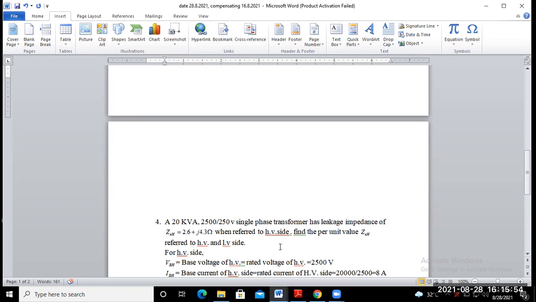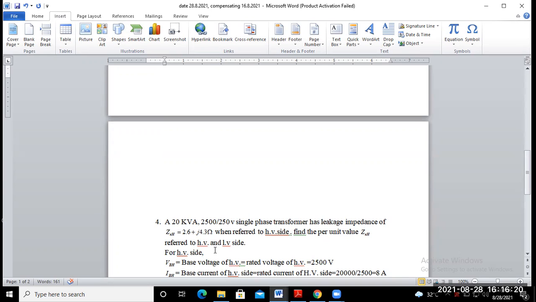Consider this as part A and this as part B. HV represents the high voltage side and LV represents the low voltage side.